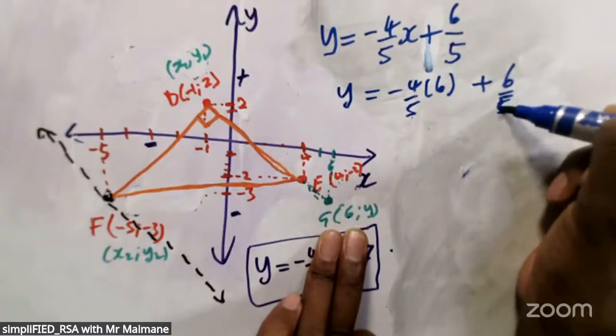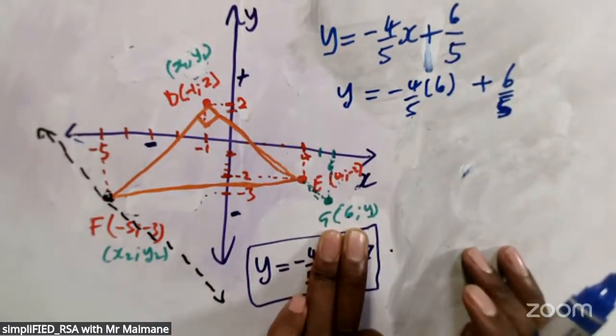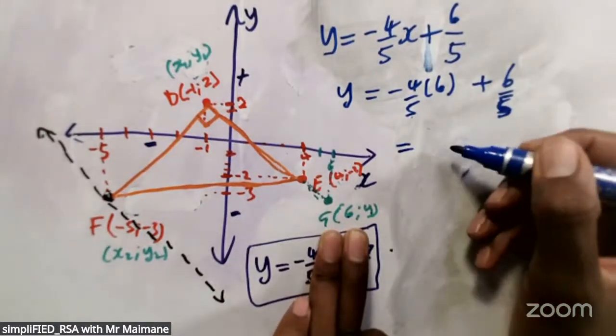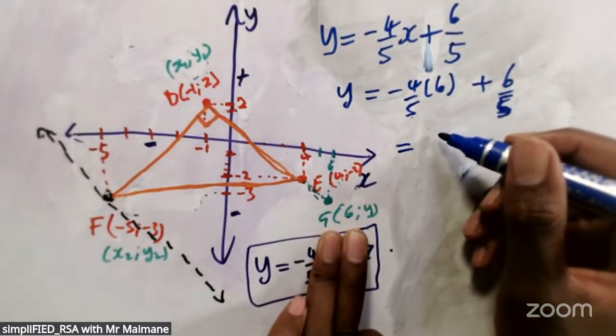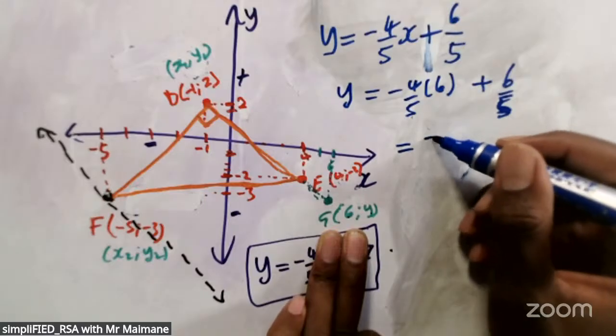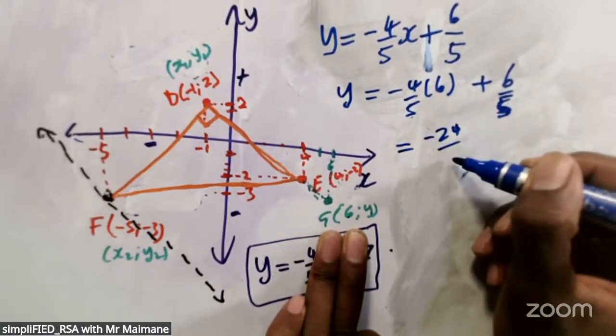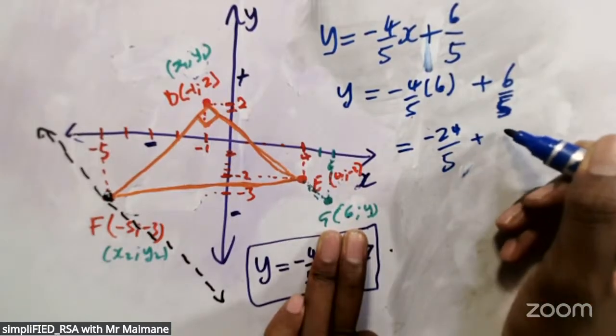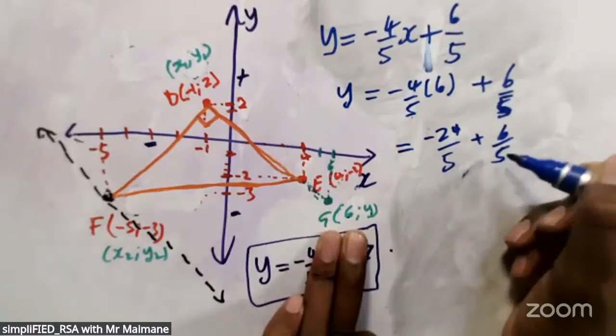Since you are looking for the value of y, where x is 6, you just do that. The only thing that should worry you is if your value doesn't come out as a negative value. So, 4 times 6 would give you 24, right? Yes.